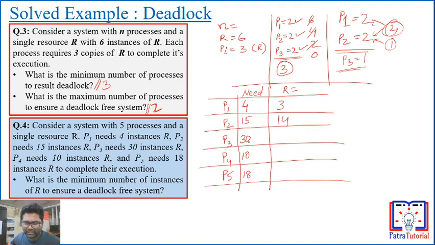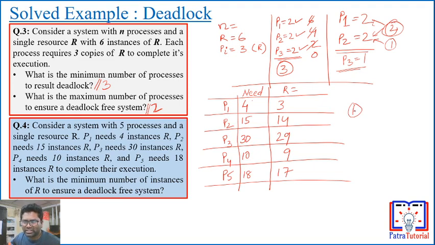P3 needs 30, so I will allocate 29 and 1 is pending. P4 needs 10, so I will allocate 9 only. P5 needs 18, so I will allocate 17. With this allocation, I have allocated one less than the maximum requirement of each process. Now all of them need only one more instance to complete their execution.